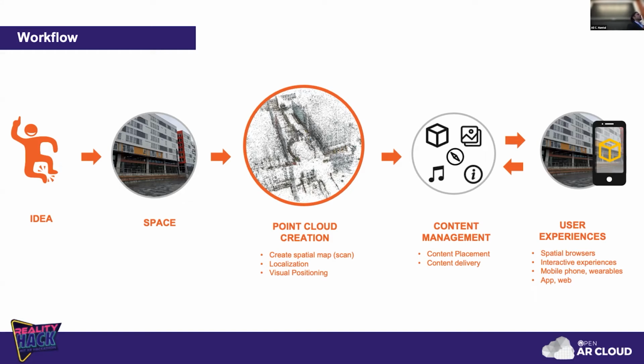Then the provider will give back the Geo Pose of your device, and the Geo Pose is just consumed by the browser. So if all the VPS providers return a Geo Pose, then you can have one browser that implements your API.